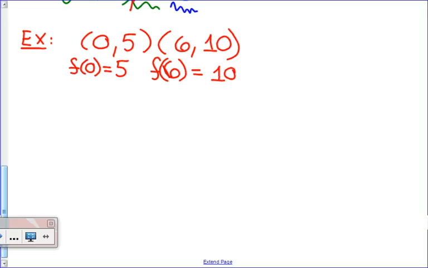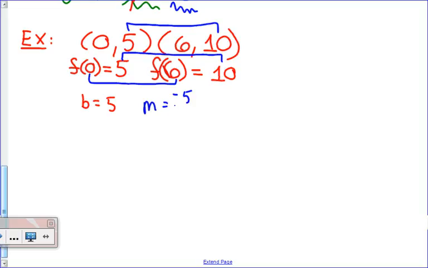What's our b value? 5. What else do we need to find? Slope. Let's go ahead and find it. What do we find first? Y is like a 5 minus 10, and 0 minus 6. We do this and get 5 sixths.